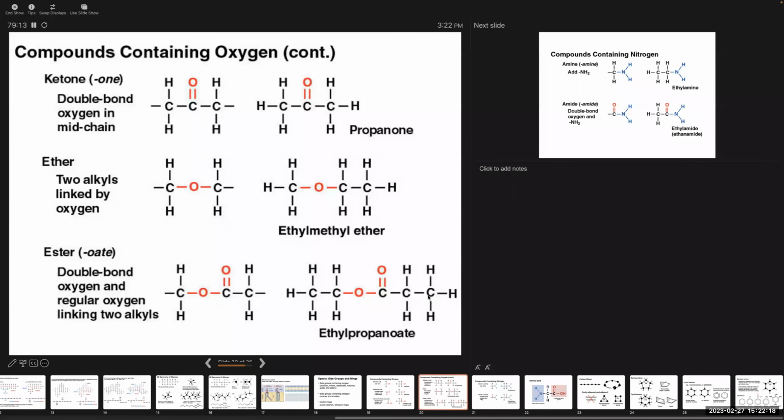It's a 3 carbon chain. The way you make these names is you take the name of the first alkyl group, the second alkyl group, and then you add -oate at the end. So it's like ethyl propyl, or ethyl propane, but then you make it ethyl propanoate. You add that -oate to the end of the name.